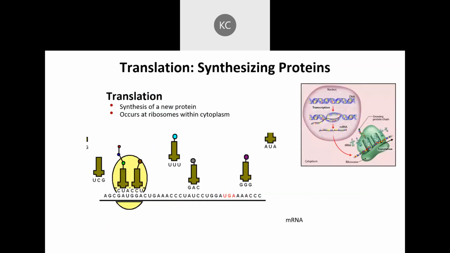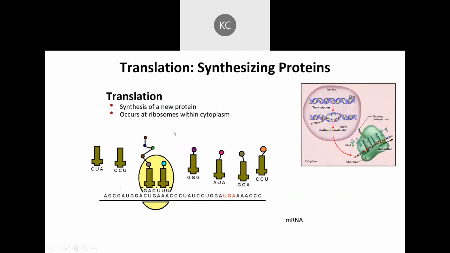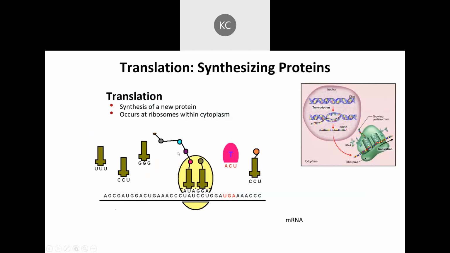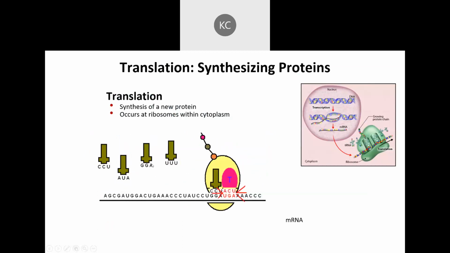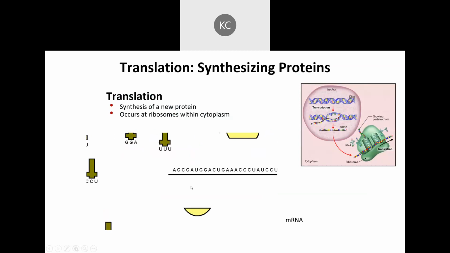So I'll play this again. So here you see the yellow ribosome and all these colorful dots. These are all the amino acids. And these kind of green structures that are fading off here, these are the tRNA molecules, okay? So what did we say T stands for? The T stands for transfer RNA, okay?